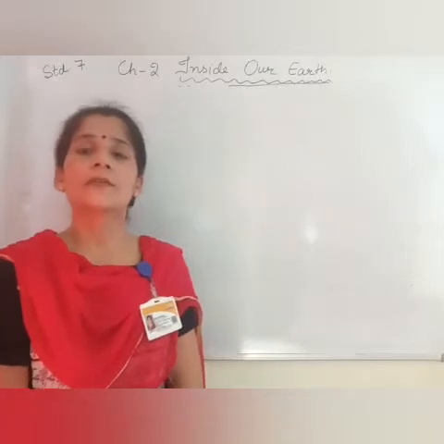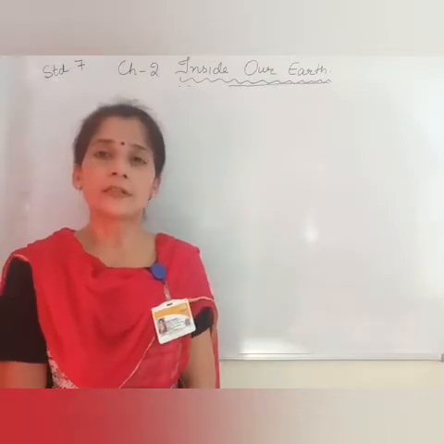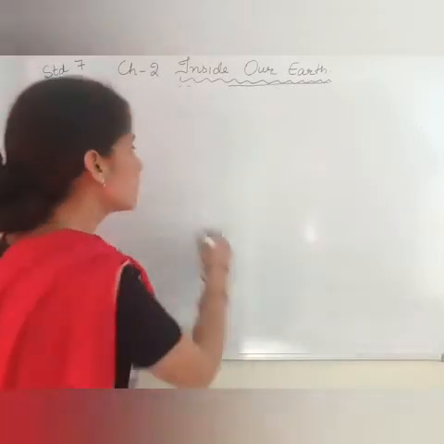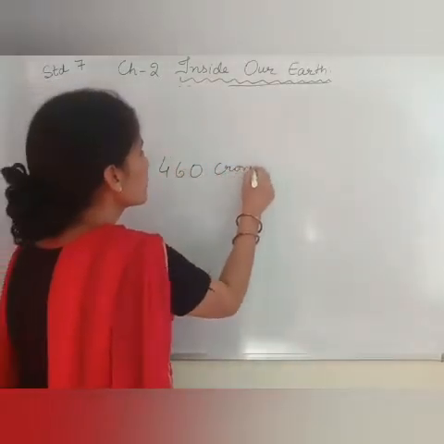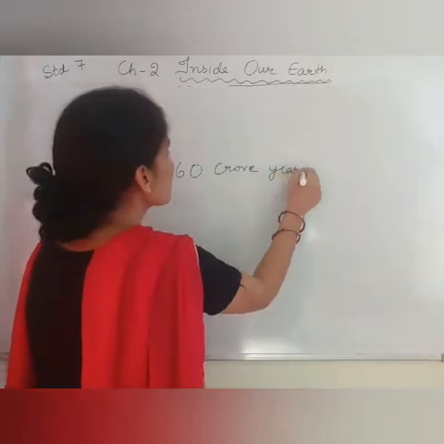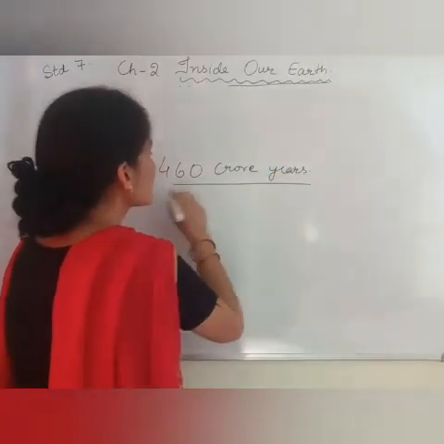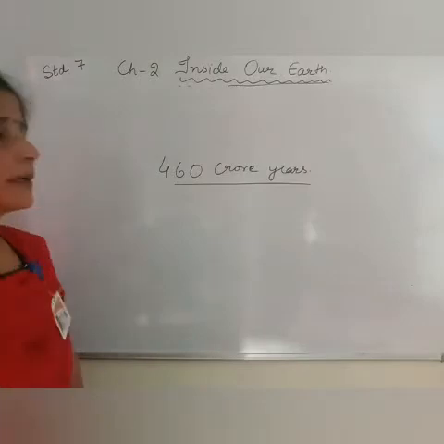Do you know what the age of our earth is? The age of our earth is about 460 crore years. Yes, this is the age of our earth.